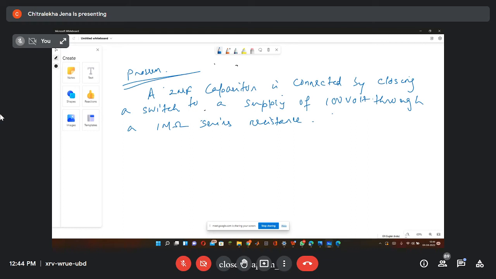You have to calculate different parts. One is your time constant. Second, initial charging current.